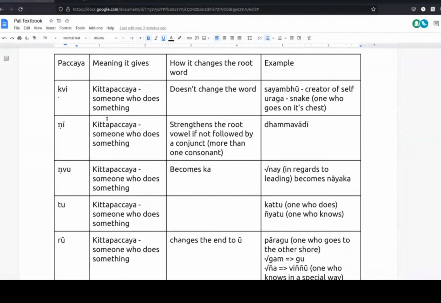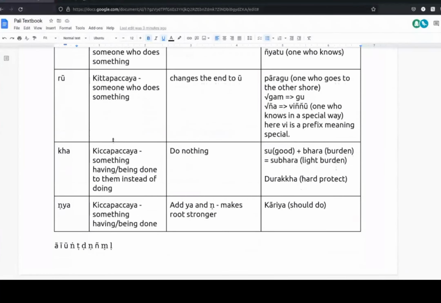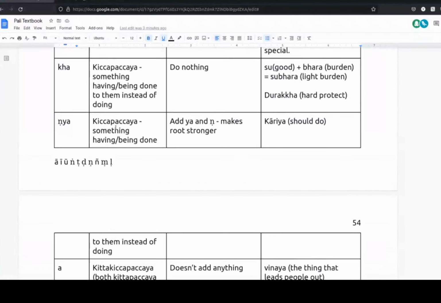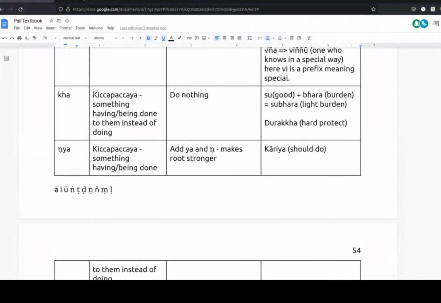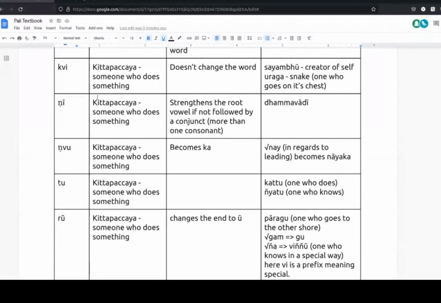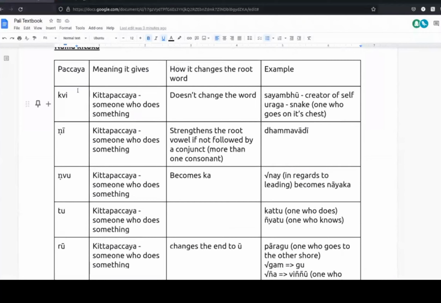So these ones here are called kita pachaya. Normally these are actually separated, but that's fine. So this first group is the kita pachaya. These are the ones that are going to be active. And as you can see, they don't actually end up all looking like this.